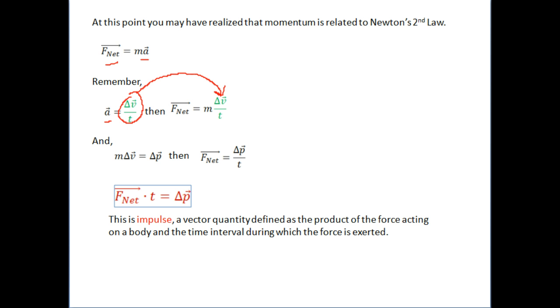Now from last class, or last week, we looked at momentum. And we said momentum is mass times velocity. Well, you have mass and change in velocity here. So you could substitute in change in momentum, and you would end up with force net is your change in momentum over time.